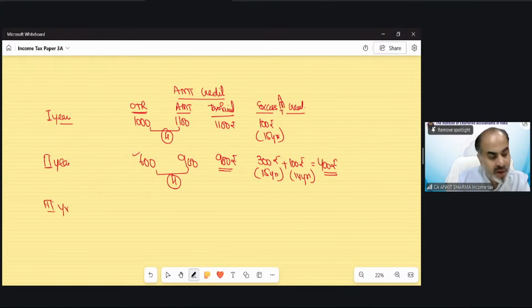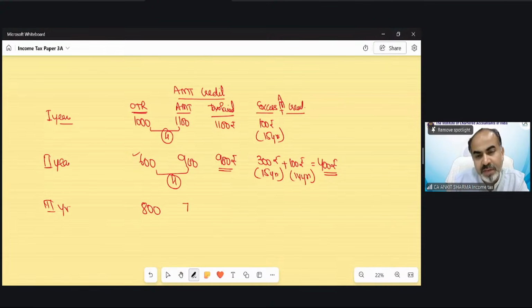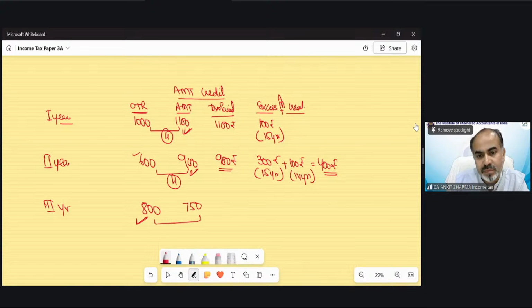Now suppose in the third year, your optional tax regime tax is 800 and your AMT is 750. So now you can see that in this year, the regular tax is higher. So now in this year, you can claim the AMT credit. What would be the tax liability in this case?